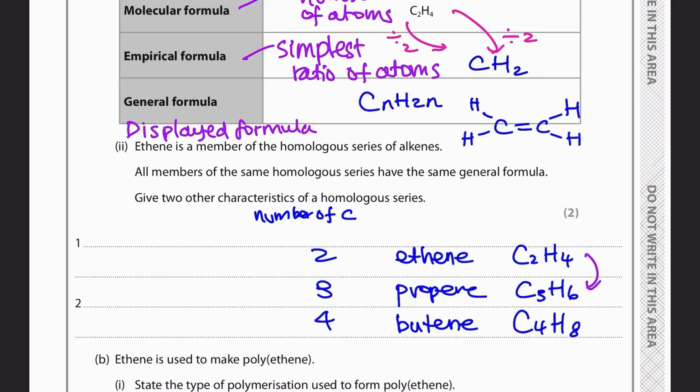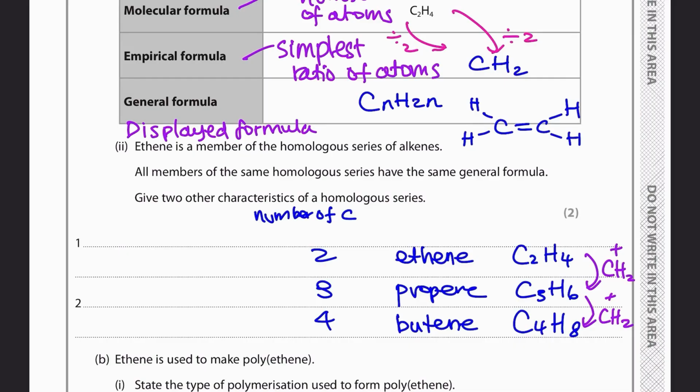And can you see how each of these differ? They've gone up by 1 C, and how many H's have gone up by? 2, isn't it, right? Because from 4 to 6, it's 2 more hydrogens. And what about the next one? Again, the carbons have increased by 1 and the hydrogens have increased by 2. So this adds CH2 each time.